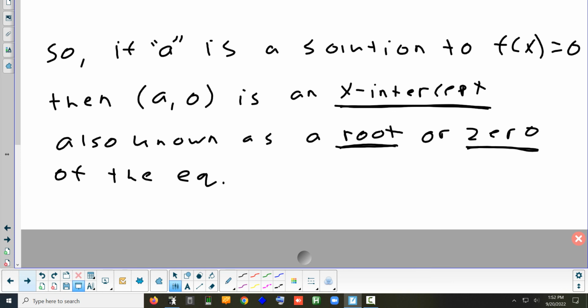Now, instead of thinking about a problem where the highest exponent is a 3, let's think about something simpler. I want to think about a straight line. If you draw a straight line that's on a slant, how many times can a line cross the x-axis?